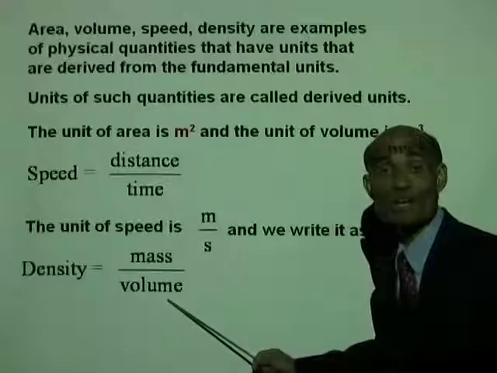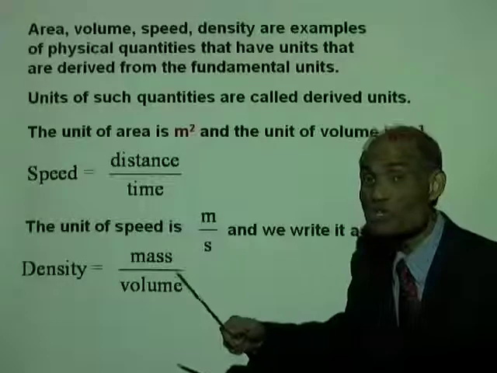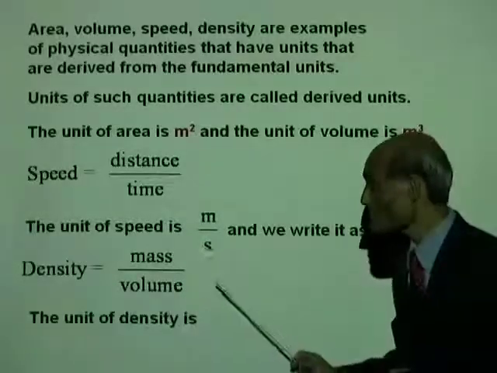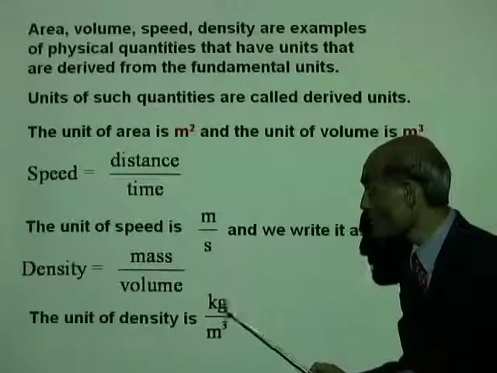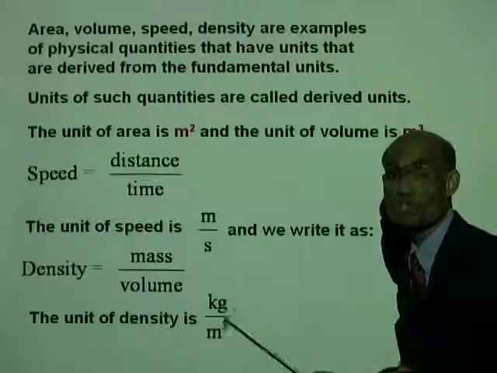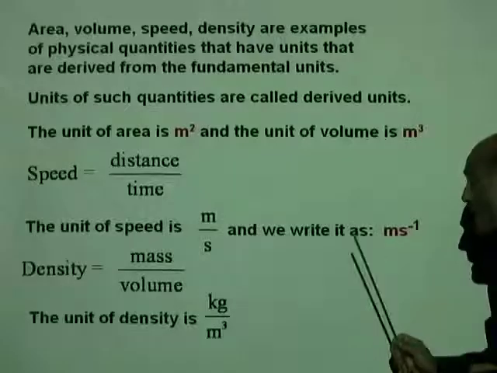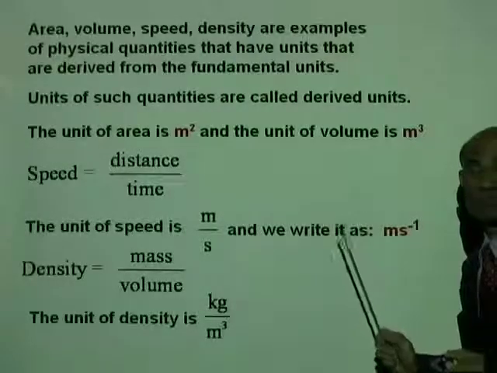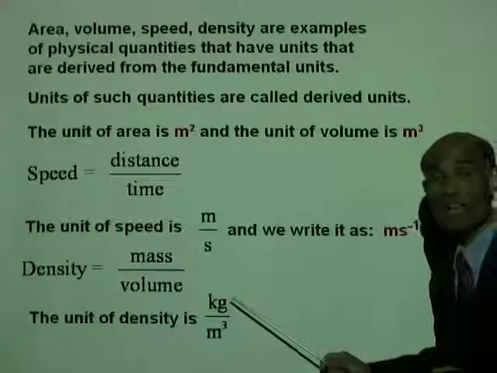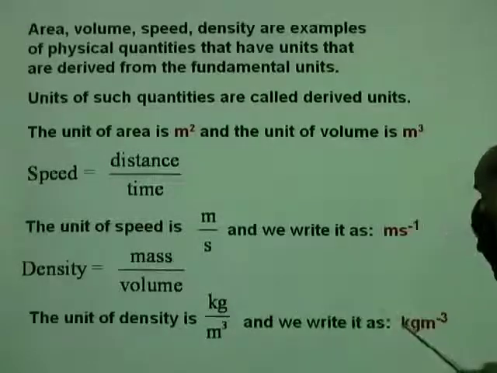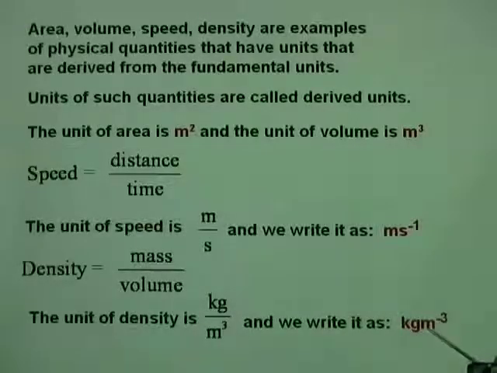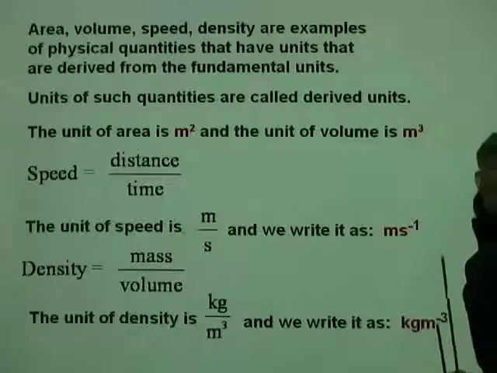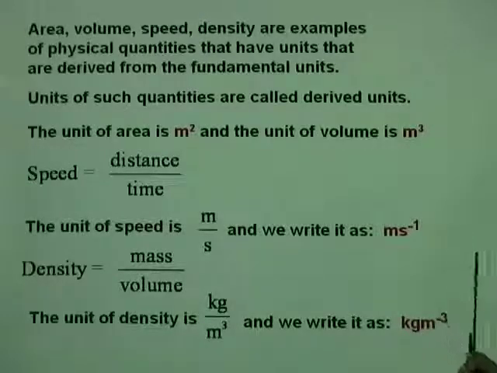Unit of volume is the meter cube. So, unit of density is kilogram per meter cube. And can you tell me how do we write it in the standard form? Well, we write it in the standard form as kilogram times meter to the power of -3. Now, this is the standard way we will write all units. Okay?